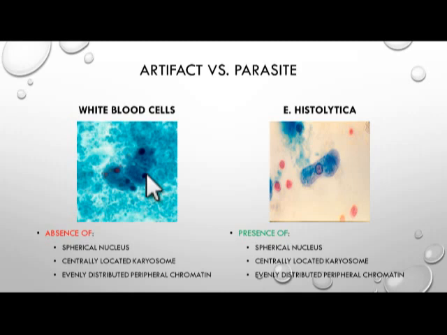There's no even distribution of peripheral chromatin. On the right here, we do have a spherical nucleus, nice and round, with dense, compact peripheral chromatin and a centrally located karyosome smack in the center, giving it that bullseye appearance.